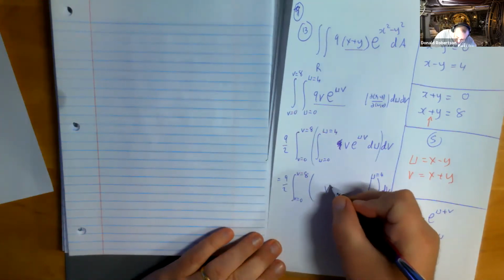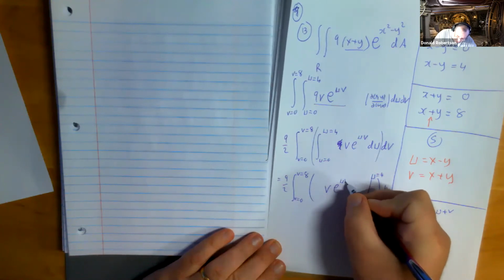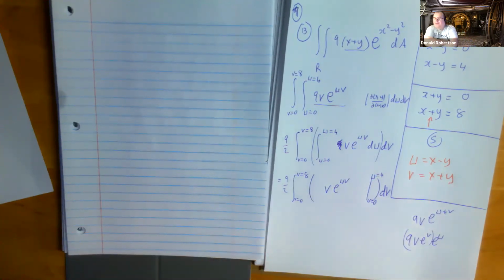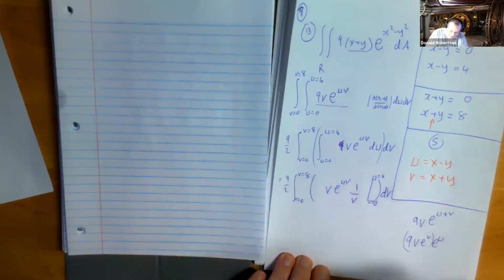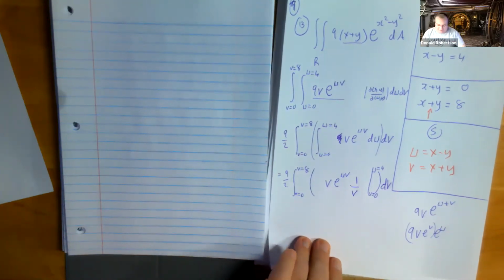So that's going to be v e to the uv times something. Times what? v. Be careful. 1 over v? Yep. I made that mistake yesterday. I fixed it this time.